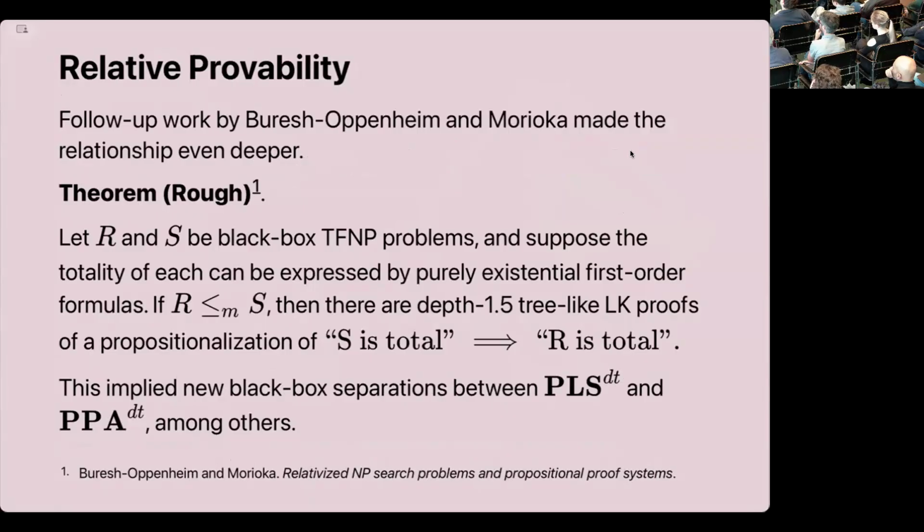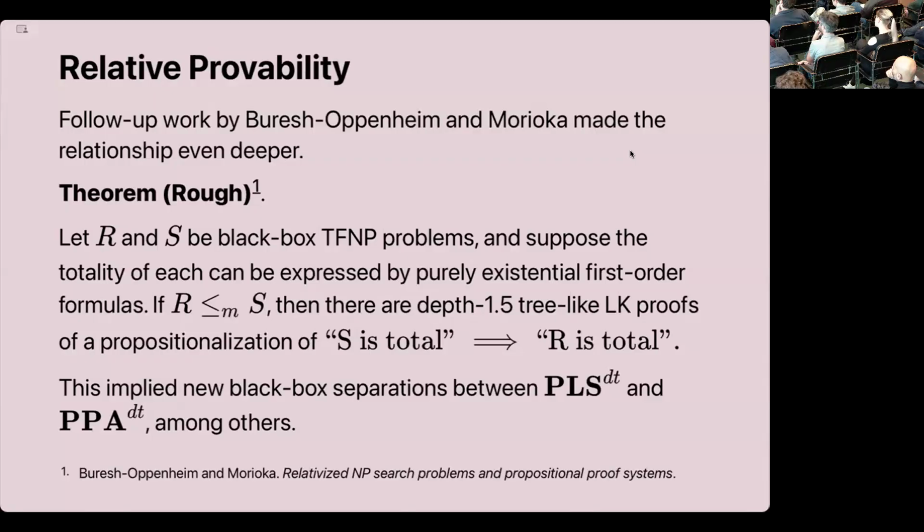So roughly speaking, without getting too into the definitions of what they proved, what they showed is that if you take two of these black box TFNP problems, and suppose that the totality of these problems can be expressed in a particular way, let's not worry too much about it, as an existential formula in first order logic, and it should be a finitary principle, but let's not worry about that too much.